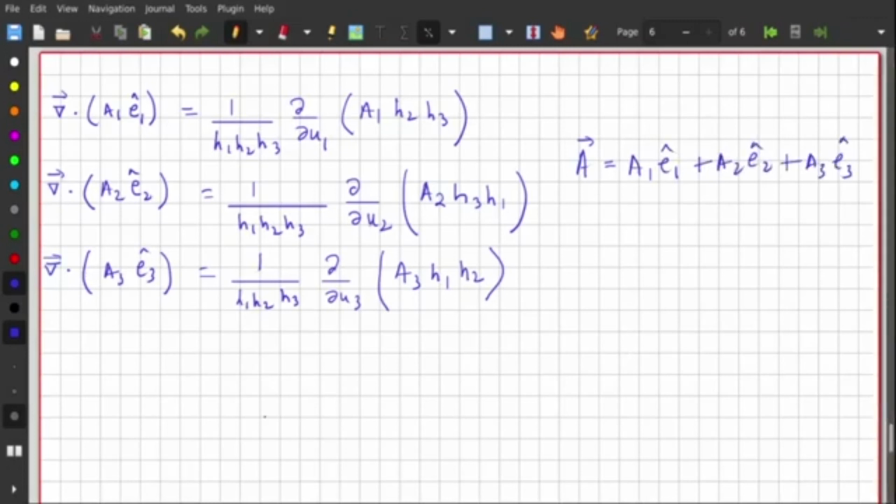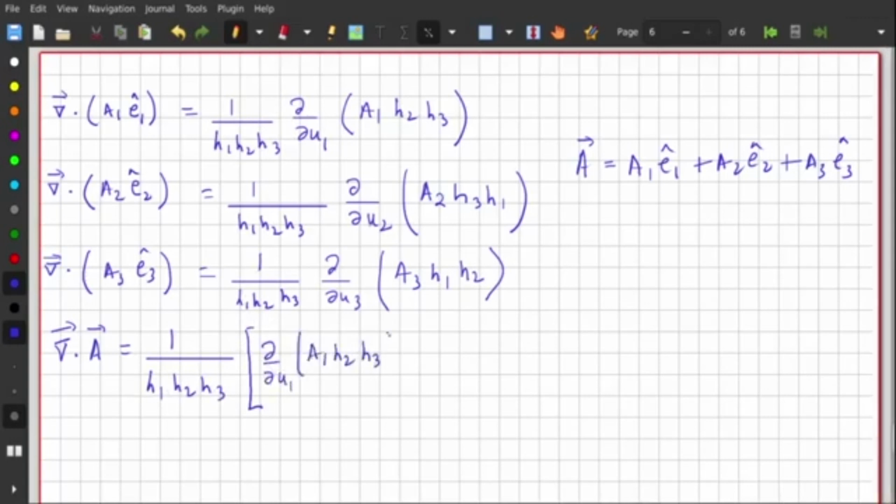We can take all the things together to find the divergence of the vector field in arbitrary curvilinear coordinates with scale factors h1, h2, h3 as this: 1 over h1 h2 h3, and then a sum, partial u1 of a1 h2 h3 plus partial u2 of a2 h3 h1 plus partial u3 of a3 h1 h2.